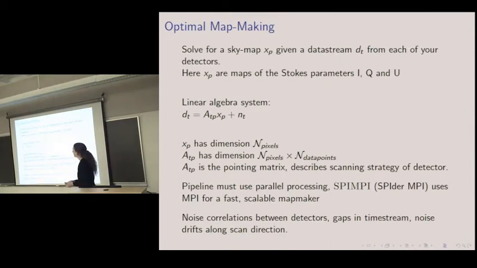The map making problem is outlined on this slide. So we're aiming to solve for a sky map X given the time stream D from 500 detectors per focal plane.